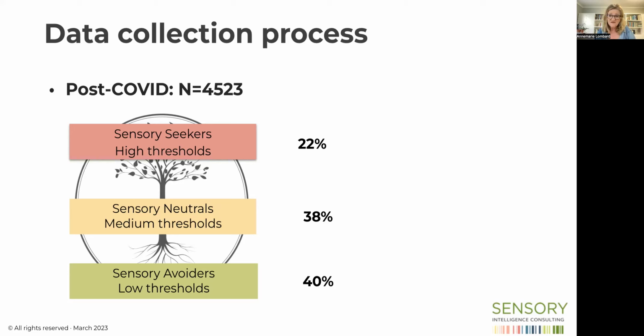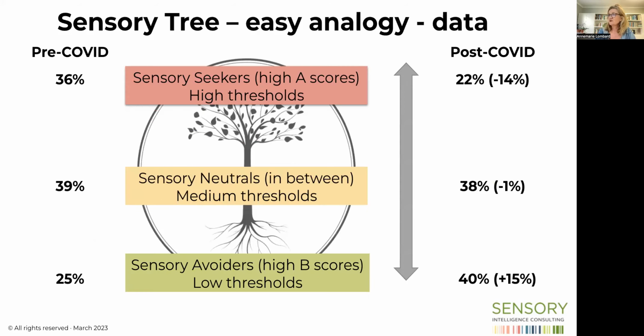So that looks fairly different to the previous picture. If we want to compare the two, seekers went from 36% to 22%. That's a drop of 14%. That's quite high. 39 to 38, it's more or less the same. There's a 1% difference. And then there's a marked increase from 25% to 40%, a 15% increase in sensory avoiders.